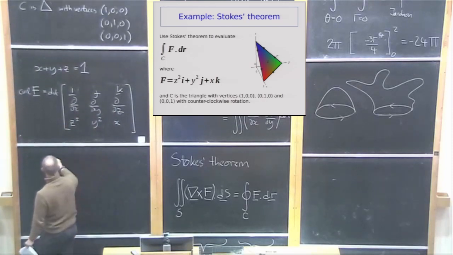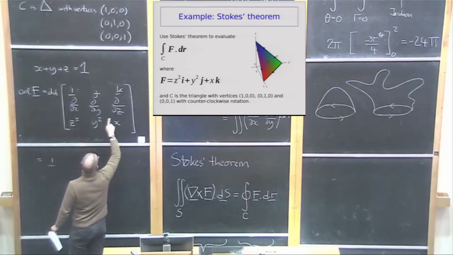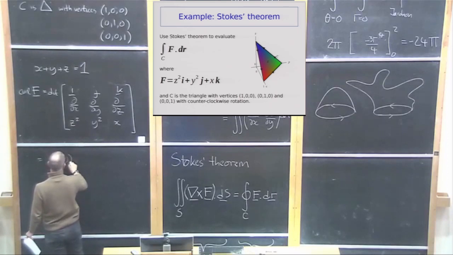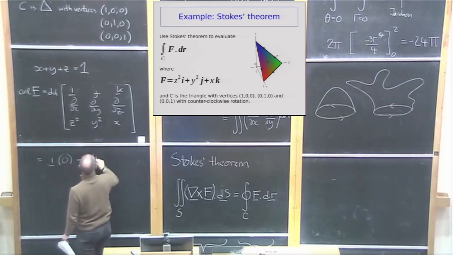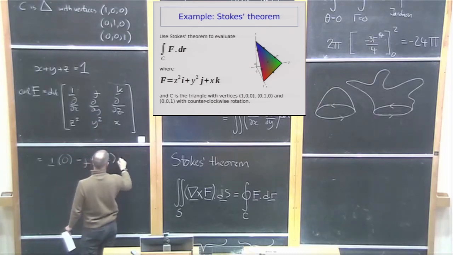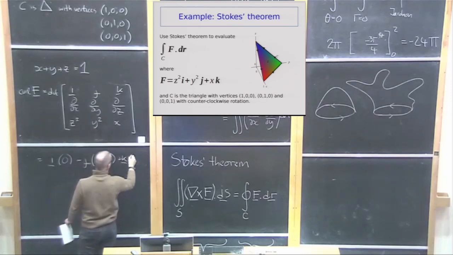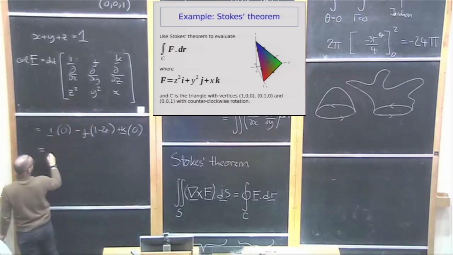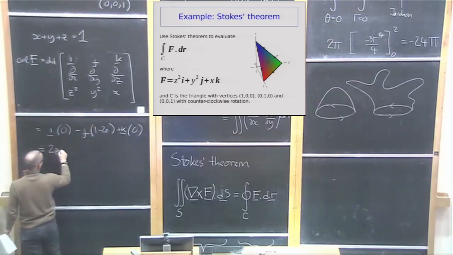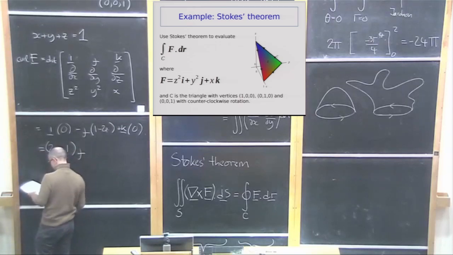So for my i component, that's nothing, so there's no i component, minus my j component, which has a 1 minus 2z, and then my k component, which has nothing again. So the curl of this vector field is (2z minus 1)j.